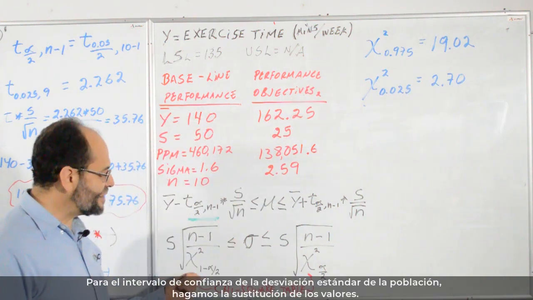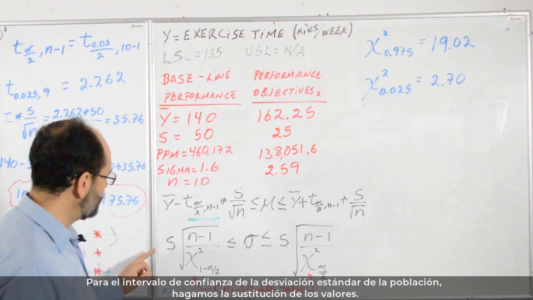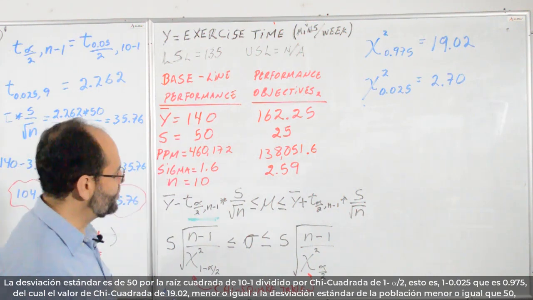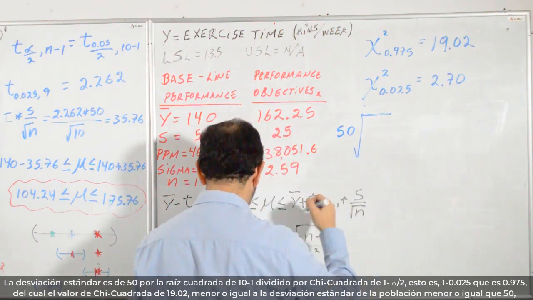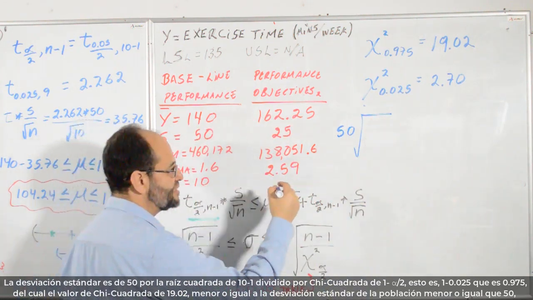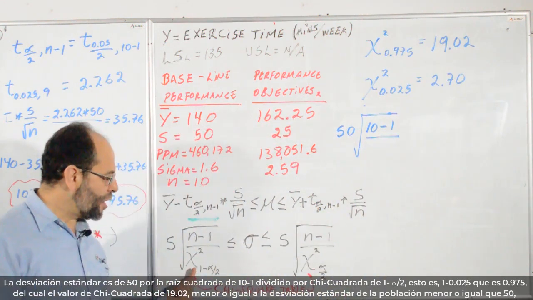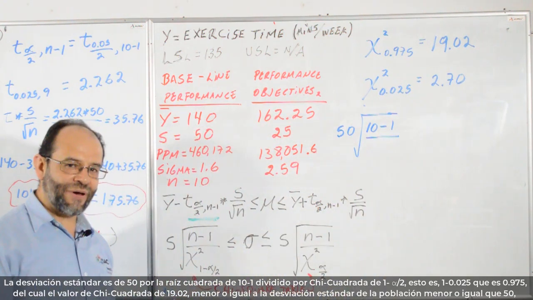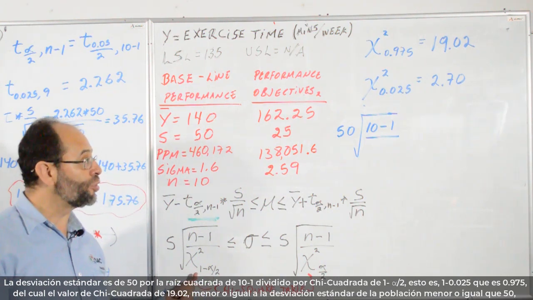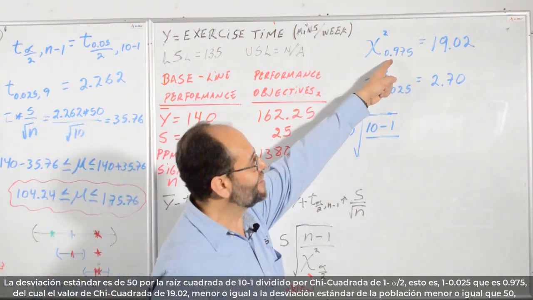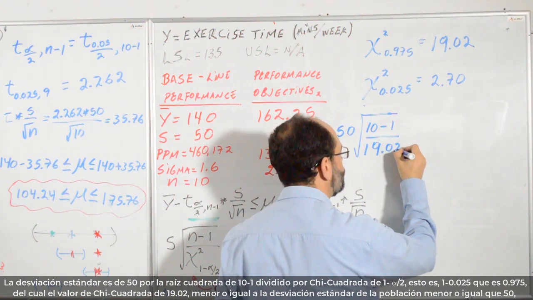For the confidence interval of the standard deviation of the population, let's do the substitution of the values. The standard deviation is 50 times the square root of n minus 1, which is 10 minus 1, divided by the chi-square of 1 minus alpha divided by 2. That is 1 minus 0.025, which is 0.975, and the chi-square was 19.02.